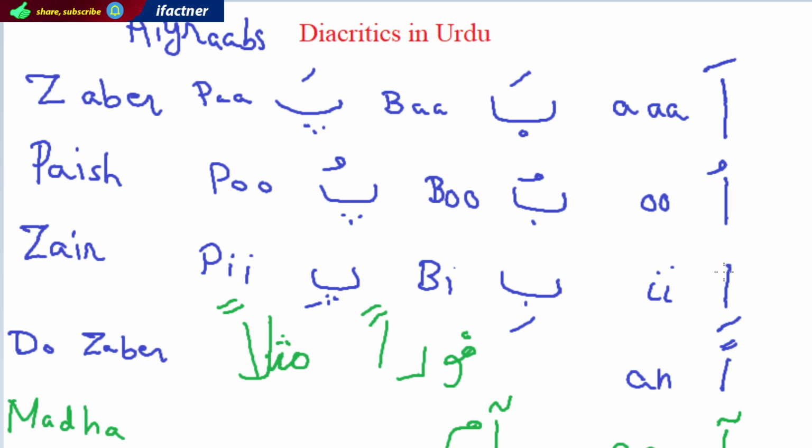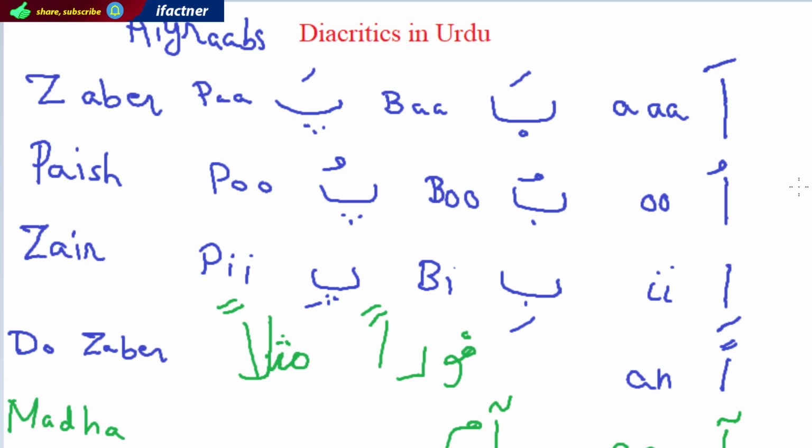Diacritics are very important to pronounce correctly, and usually when you read Urdu books or Urdu newspapers, you will note that Urdu speaking and writing people don't use these diacritics as often. Therefore, sometimes for beginners it's very difficult to understand the meaning of the word or the pronunciation of the word.